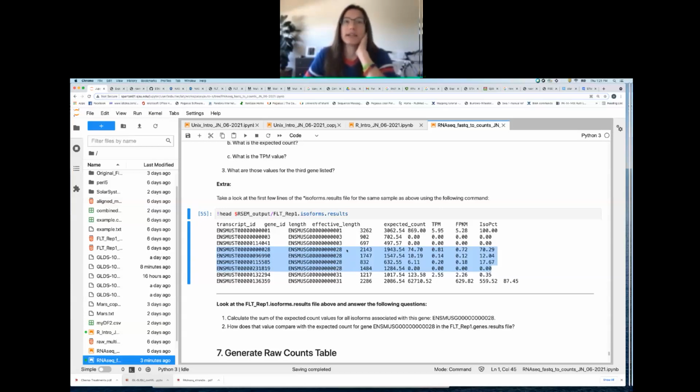How many reads in total are there for gene 28? You would add up the expected count column for each one of those isoforms of that gene. So I'm looking for the sum of the number of reads that are expressed in each isoform of the gene that ends in 28. Does that make sense?